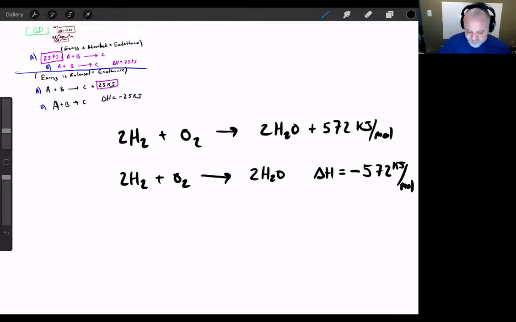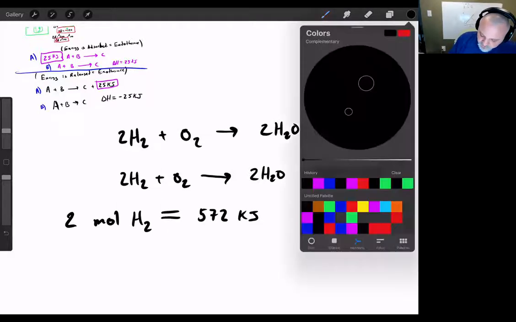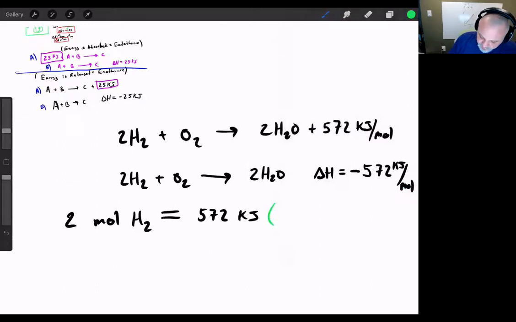So what that means is if 2 moles of hydrogen get produced or get consumed, then there are 572 kilojoules. And you don't usually write this, but I'm going to write it here just to remind everybody. It's released.